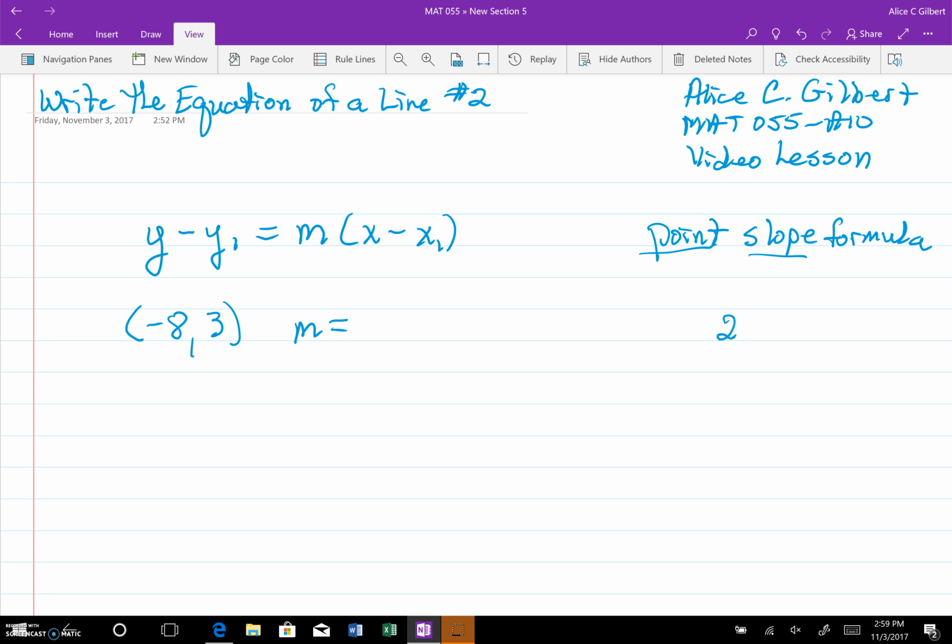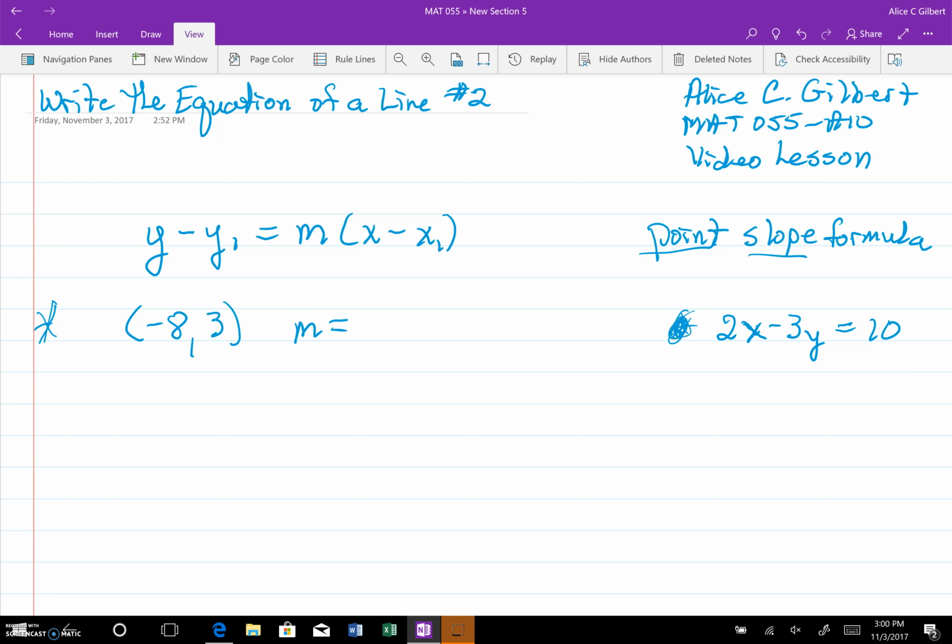So let's say in this case, 2x minus 3y equals 10. The line that we're going to write with this point and whatever slope we get will be parallel or perpendicular to this line. So that means we need to get the slope from this line.